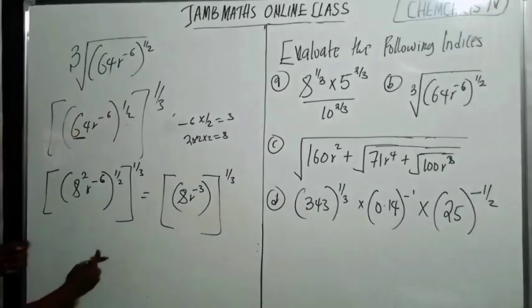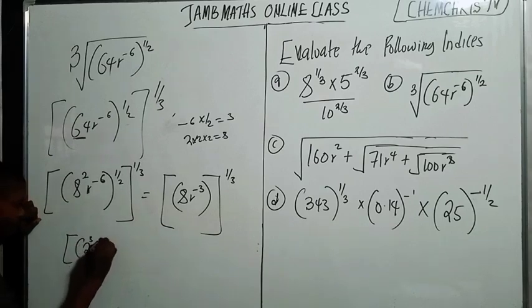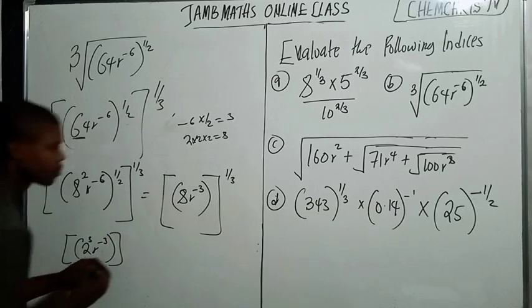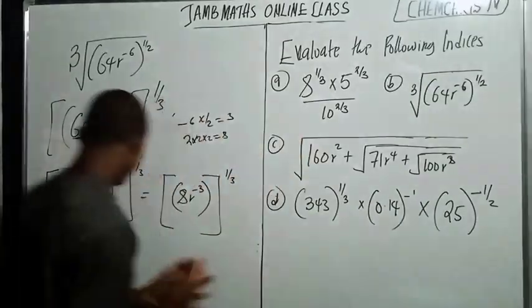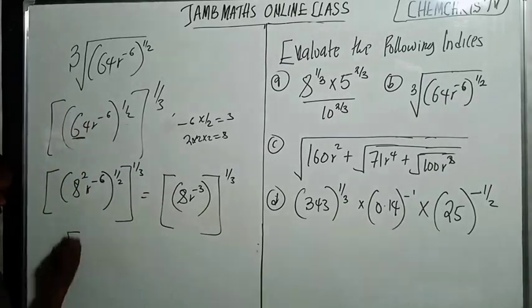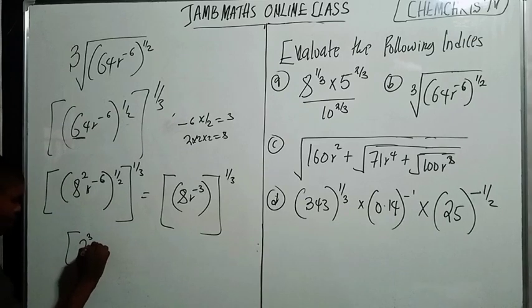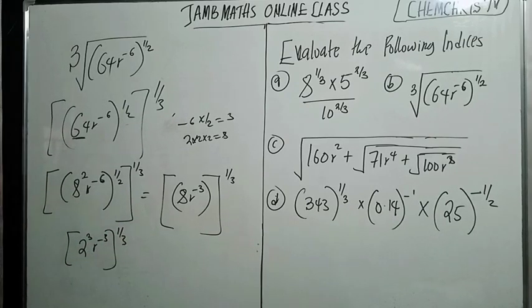So I'll just do it like this. 2 raised by 3, then r raised by minus what? 3. Can you see that?